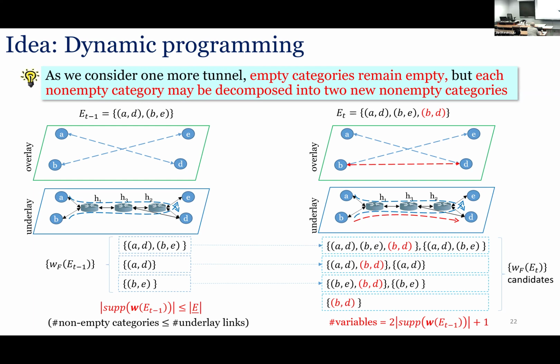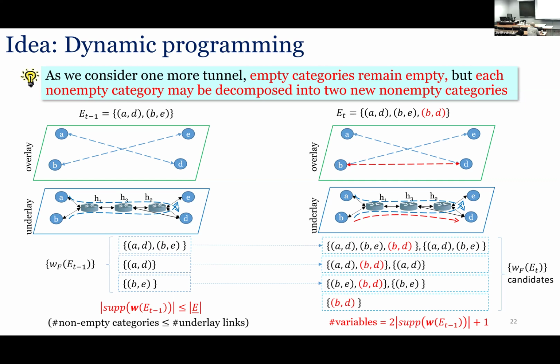However, when I consider a new tunnel, which let's say goes on this path and the bypass goes to D, then these two links now are separated. In other words, this previous category, because of consideration of a new tunnel, is now refined into two new categories.